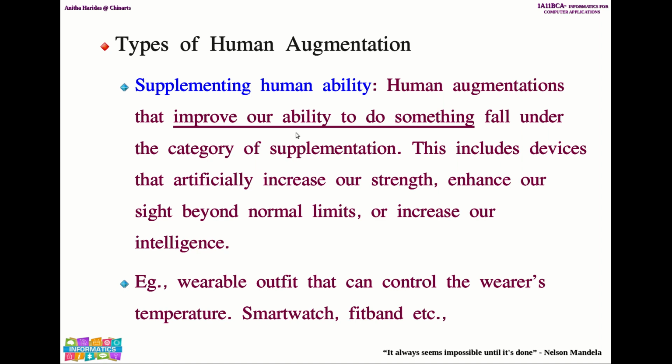These kinds of devices, where artificially you can increase the strength, enhance our sight beyond normal limits, or increase our intelligence, you call as supplementing the human ability, which is another type of human augmentation.